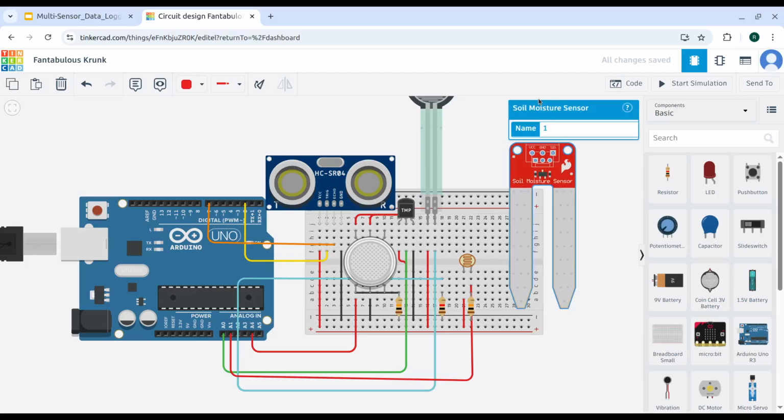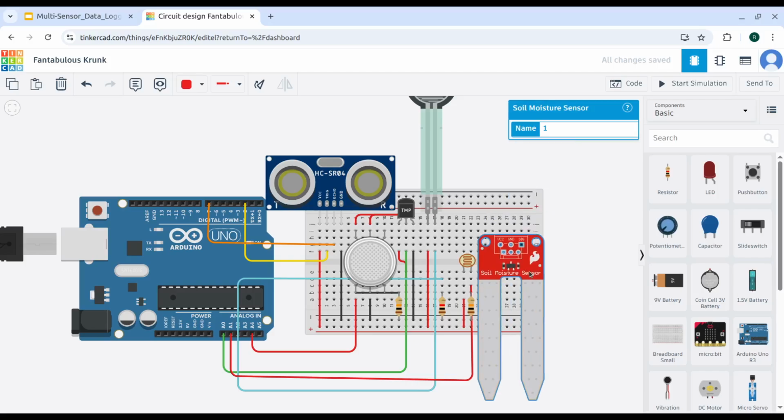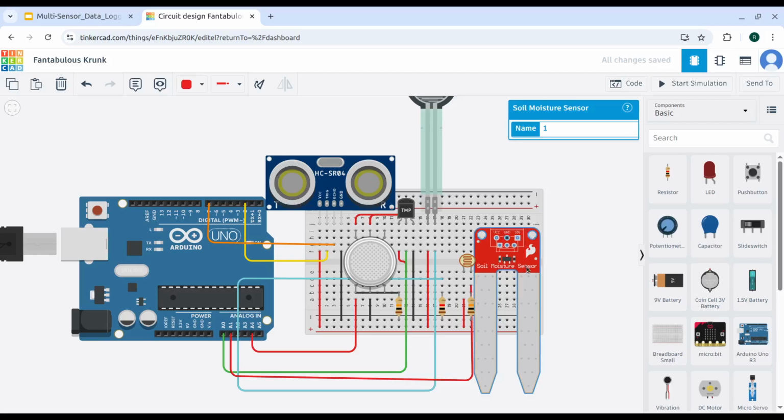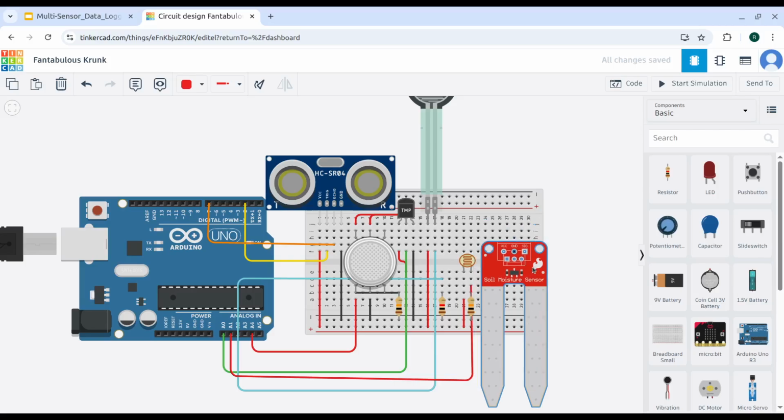Next pending is this one. Yeah, plus this is VCC, right? So ground pin. So I am connecting this to negative rail. And this is 5 volt positive rail.